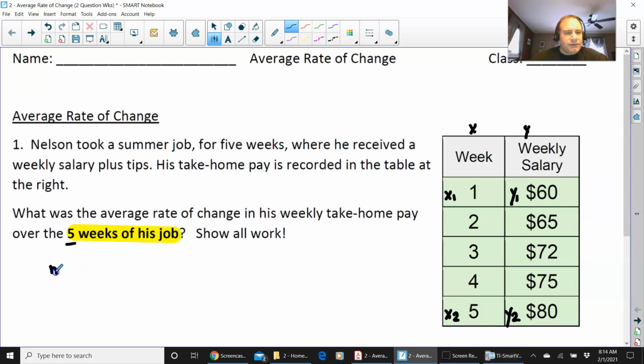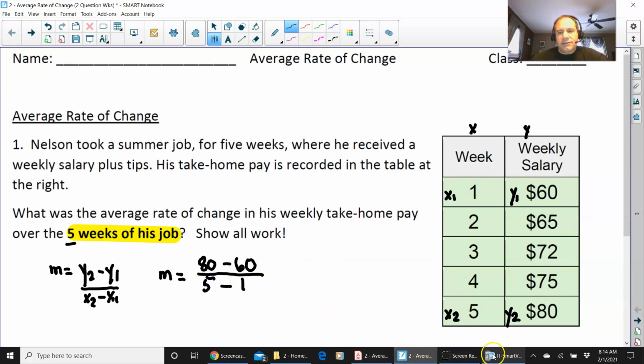So the slope formula, as always, is y2 minus y1 over x2 minus x1. And we're going to set up our formula just like this. We're going to use y2 minus y1, which is 80 minus 60, and then 5 minus 1.